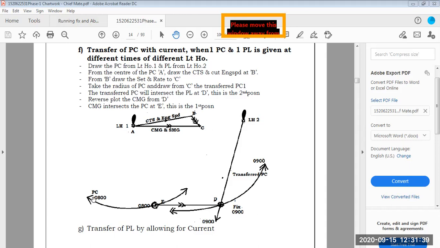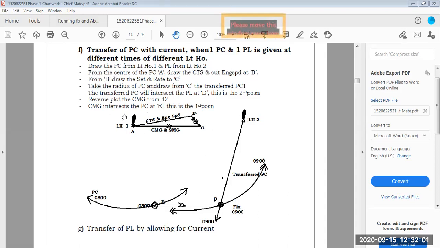If you have the position circle from the first lighthouse, then always we take the lighthouse as the assumed point and we draw the course to steer from the lighthouse. So we draw the position circle from lighthouse 1 and we draw the PL from lighthouse 2.